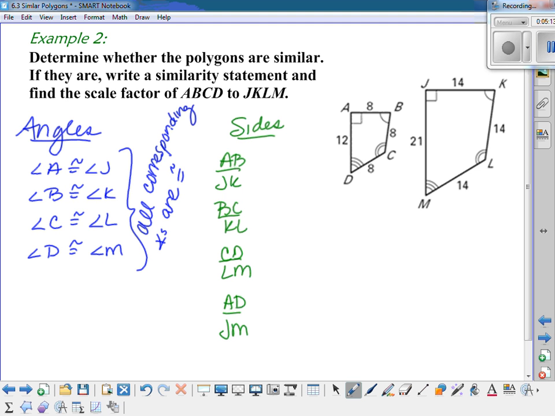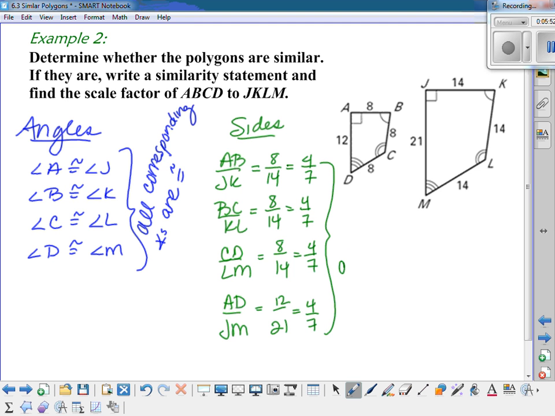If I go back and look at what each of those are, AB is 8, JK is 14, BC is 8, and KL is 14, CD is 8, LM is 14, and AD is 12, and JM is 21. So if I reduce those, they all reduce to 4/7. And so that means that all my corresponding sides are proportional.